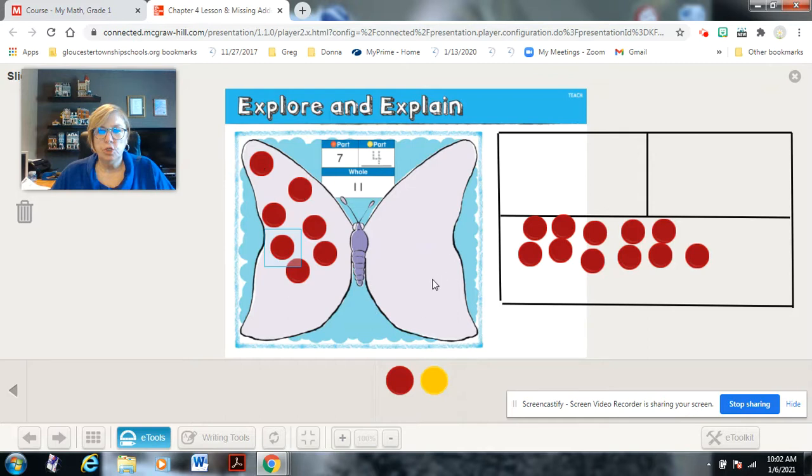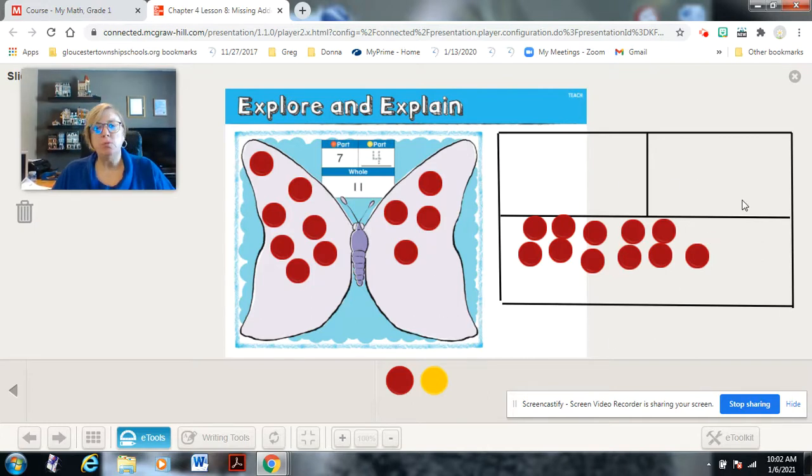So what we can do is count on with our counters until we get to 11. All right? 8, 9, 10, 11. So how many other dots are on the right wing? 4. Very good. Okay, so you can trace that right now. Pause and come back.